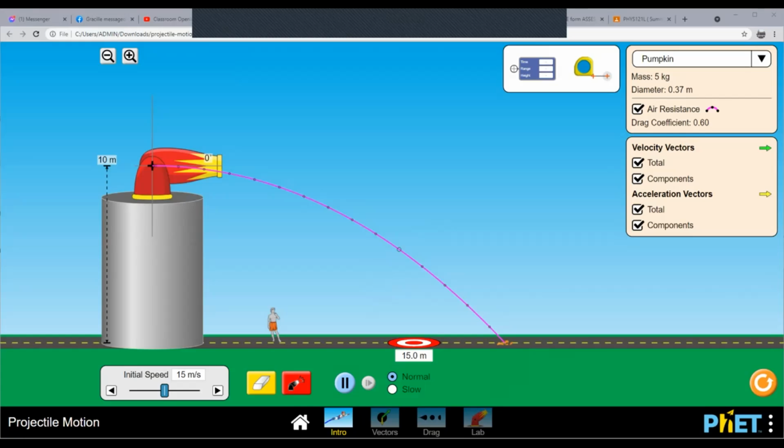Okay. Let's try it in slow motion. That's how it goes in slow motion. You see the green one. That green one is the horizontal component, and you have the vertical component. That is how projectile works.